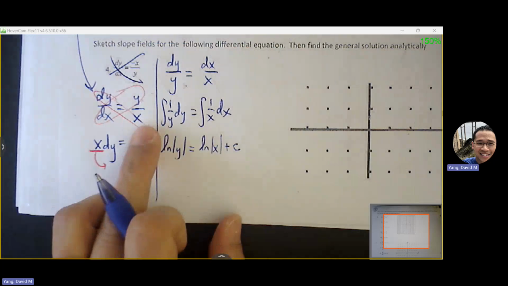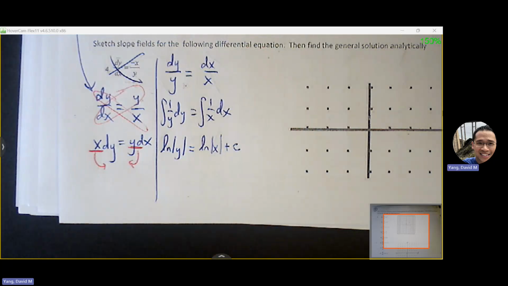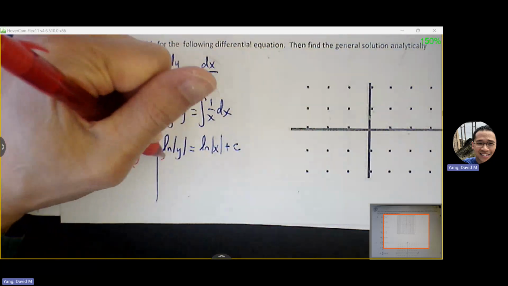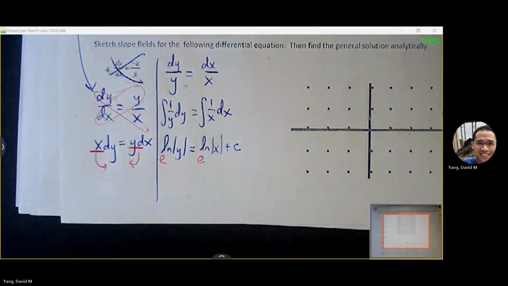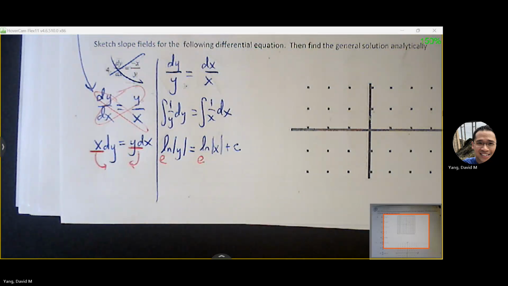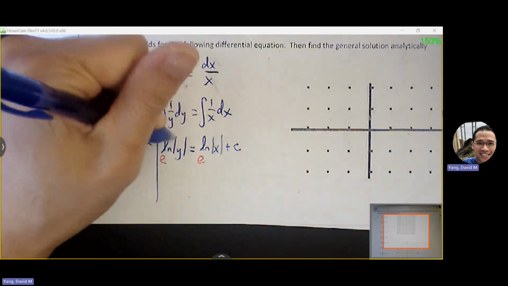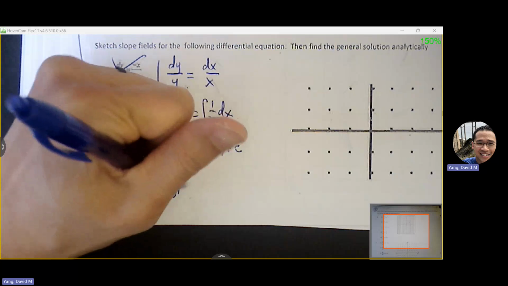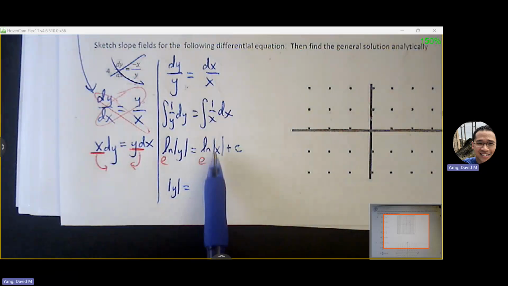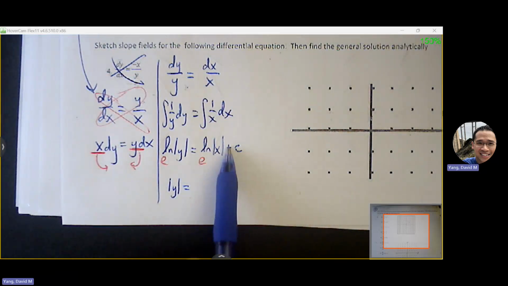Okay, I want to solve for y, but y is stuck inside natural log. So I'm going to raise both sides with e as the base. Drop the natural log. I have absolute value of y is equal to, and I want to separate these exponents with the c away from the variable.